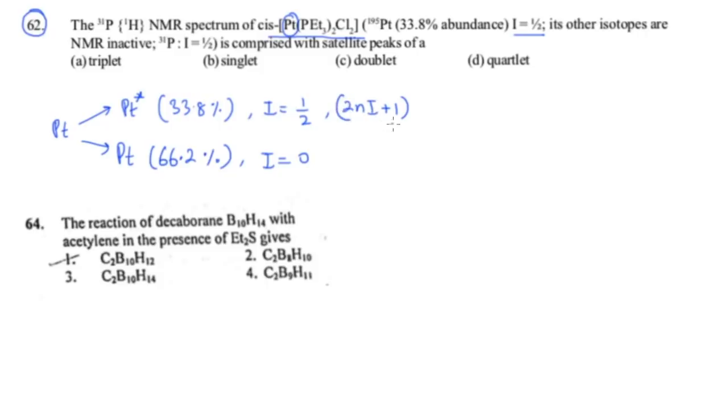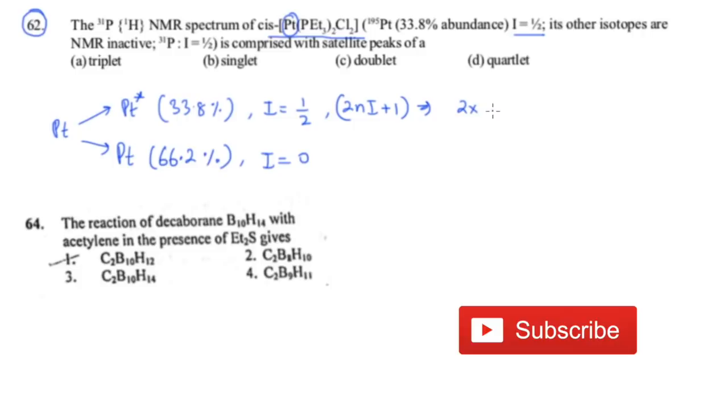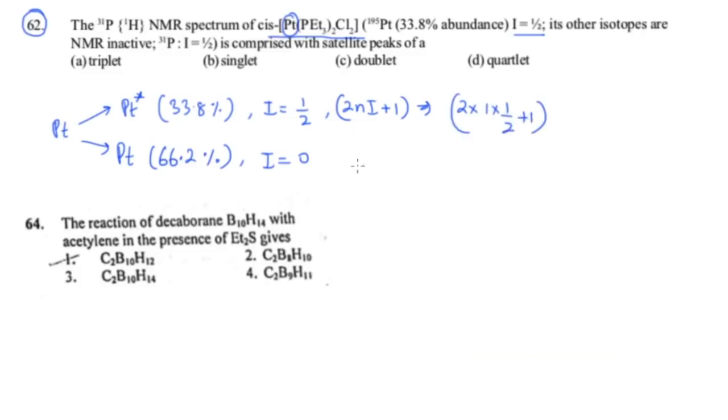Since we have one platinum over there, the n value will be 1, so 2 into 1 into 1 by 2 plus 1 gives you 2. And for the NMR inactive one, if you put it in the same formula, 2nI plus 1, you get 2 into 1 into 0 plus 1, which is 1.